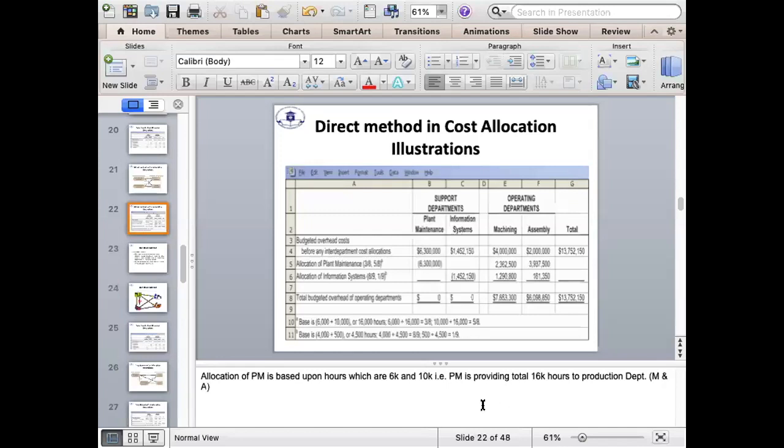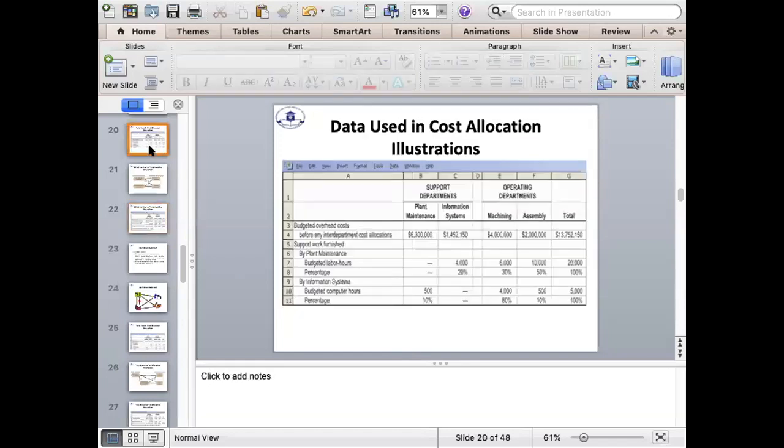Keep in your mind, I repeat, as per the question, this plant maintenance providing 6,000 hours to machining department and 10,000 hours to assembly department.